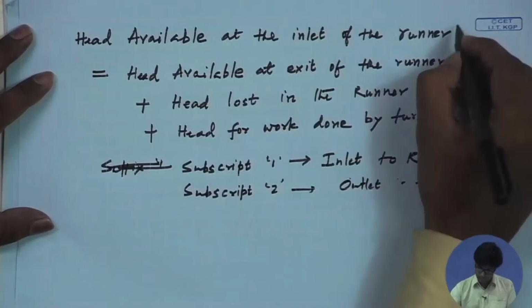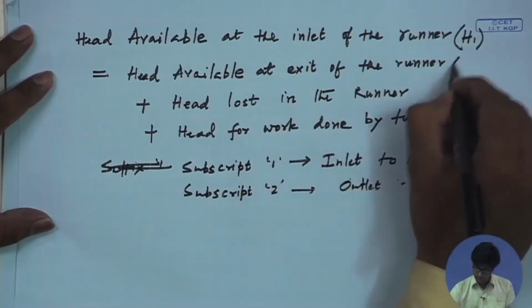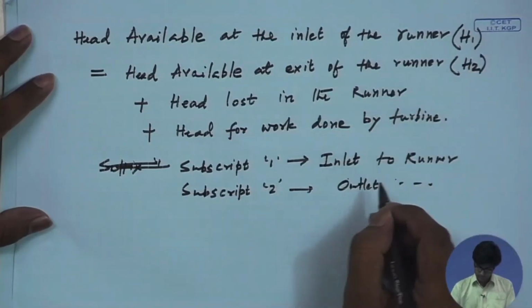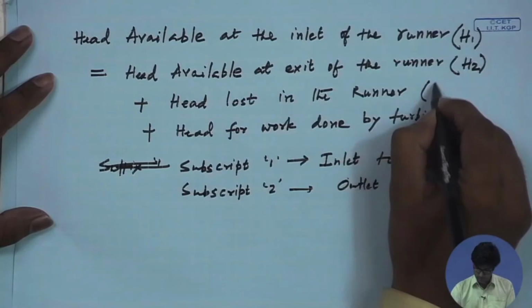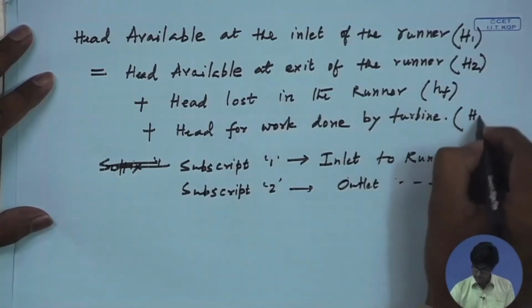So, the head available at the inlet we can represent by H1, the head available at the exit of the runner we are representing by H2, the head lost in the runner that we are required to find out is Hf, and let this be represented by Hw.